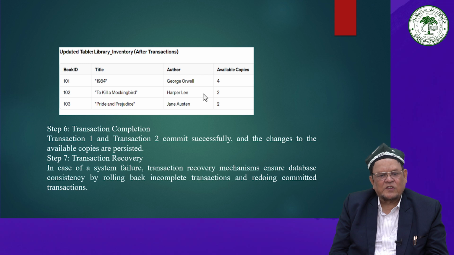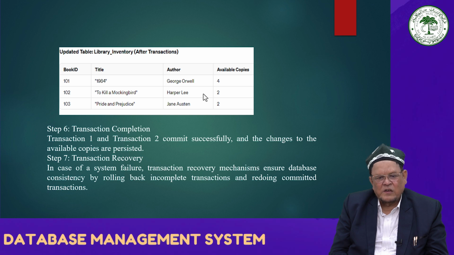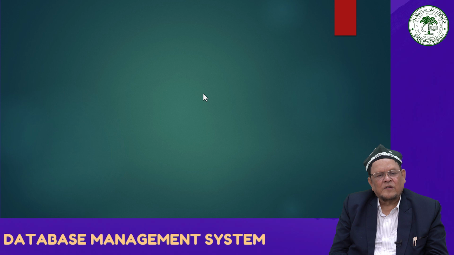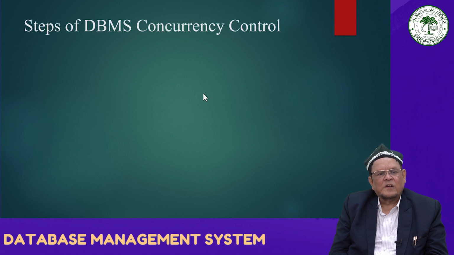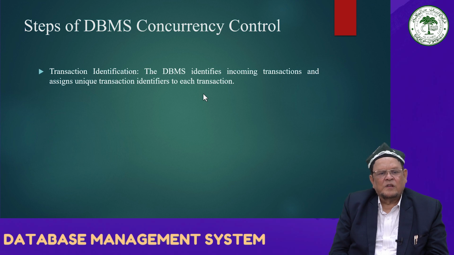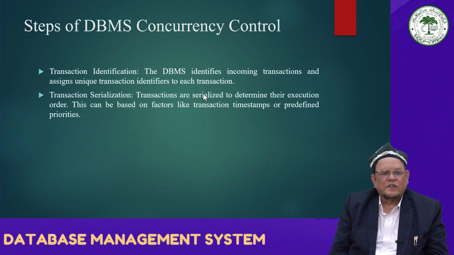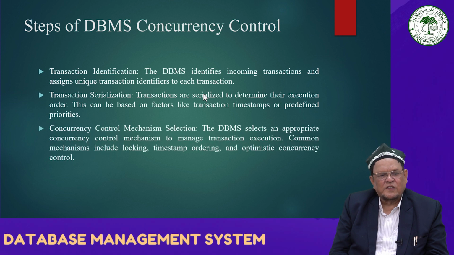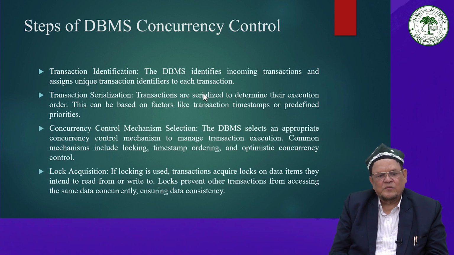The seventh step, transaction recovery. In the case of system failure, the transaction recovery mechanism ensures database consistency by rolling back incomplete transactions and redoing committed transactions. Now the steps of database management system concurrency control. Here there are transaction identification, transaction serialization, concurrency control mechanism selection, and lock acquisition.